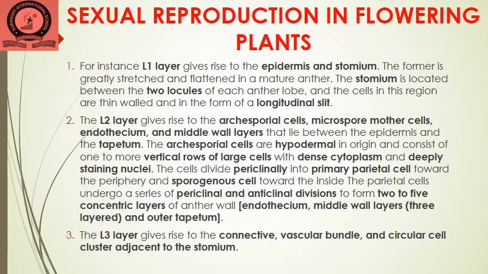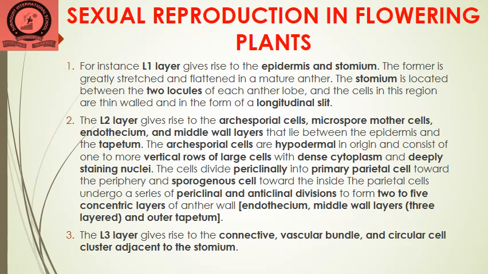You can see here layer 1 gives rise to the epidermis and stomium. The stomium helps in dehiscence and is greatly stretched and inflated in the mature anther. It is located between the two locules of each anther lobe. Layer 2 gives rise to archesporial cells, the endothecium and middle layers.